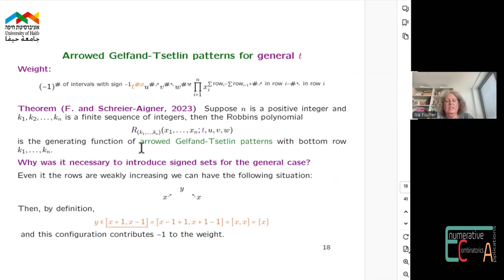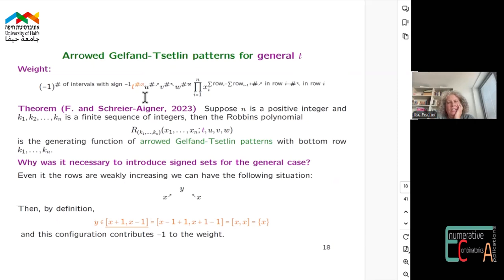And how you need to change the weight is indicated in orange here. You also need to take into account how often you give no decoration, or equivalently how often you decorate with the empty set. So that's the general theorem. Now you might wonder, why did I first tell you about this sign thing before I moved to general t?